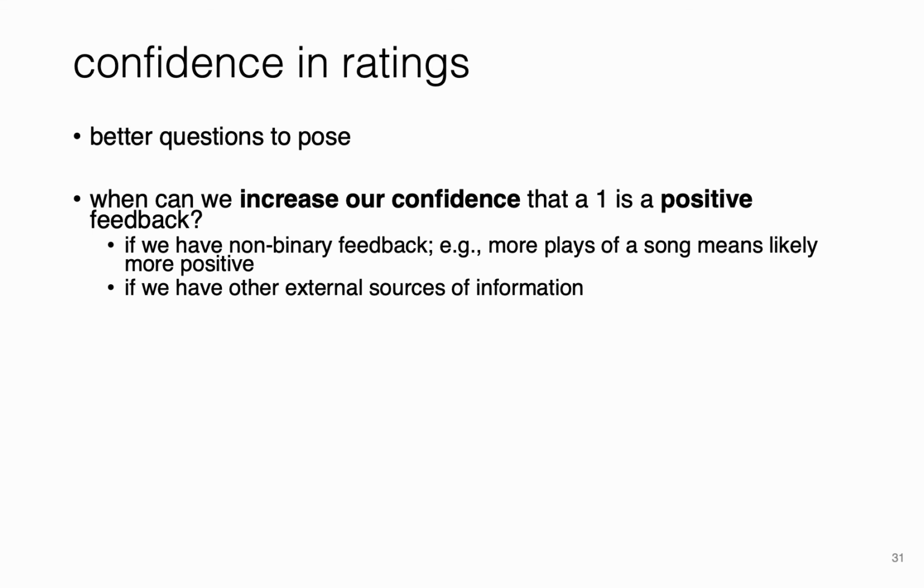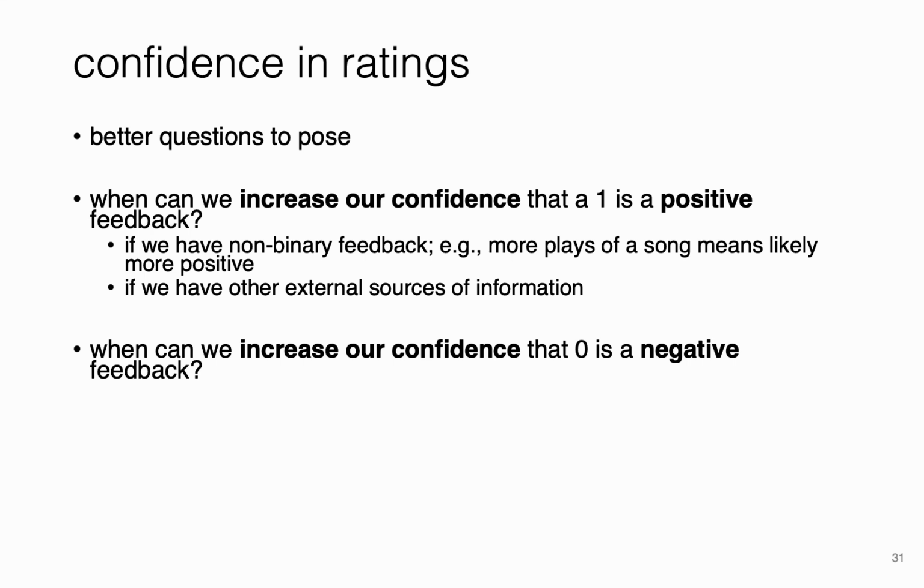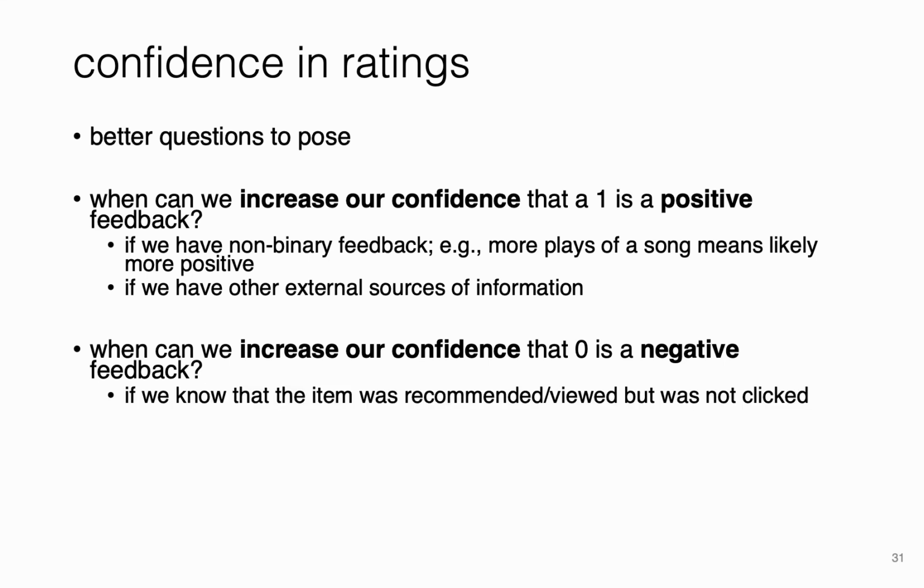Okay, so when can we increase our confidence that a 0 is a negative feedback? This can happen if we know that the item was viewed by the user but not actually clicked. For example, if we log the recommendations made, we can identify the items that were skipped.